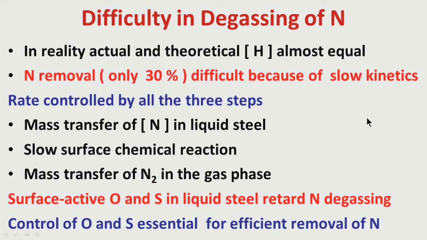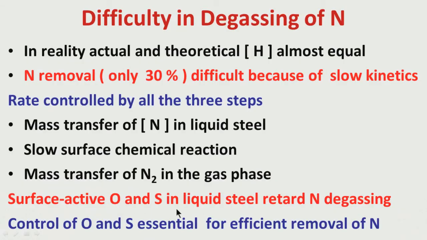So, I have tried to explain here why first deoxidation is necessary, that means we are trying to control oxygen to a very low level. This helps in good desulfurization, that means we are controlling sulfur also to some low level in liquid steel. Now, if you have low oxygen and low sulfur in liquid steel, the competition from these two elements to nitrogen is relatively less.